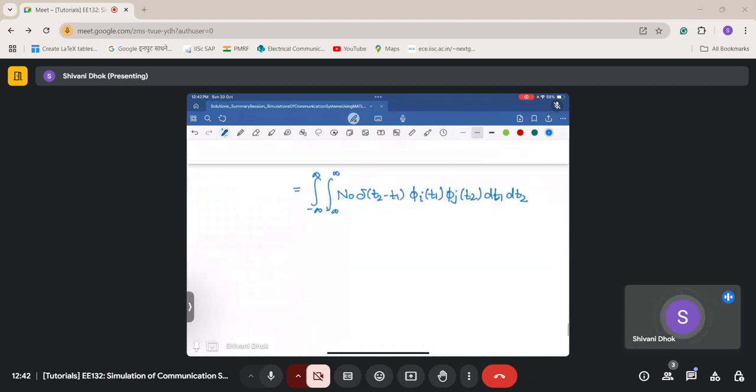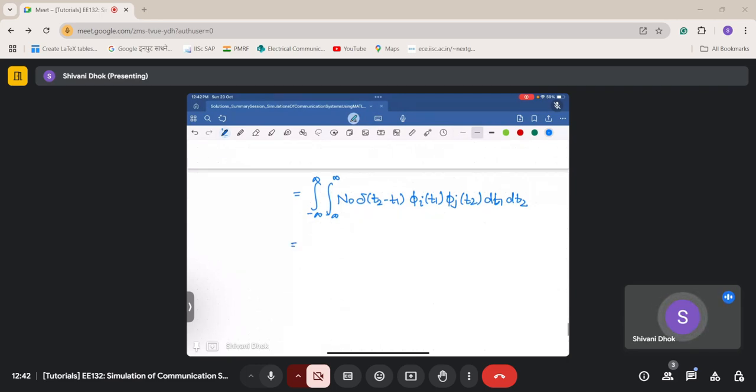Now I can use the shifting property on this. So what I'll get is the integral from minus infinity to infinity of N0 phi_i(t1) phi_j(t1), times the integral of delta(t2 minus t1) dt2, dt1.